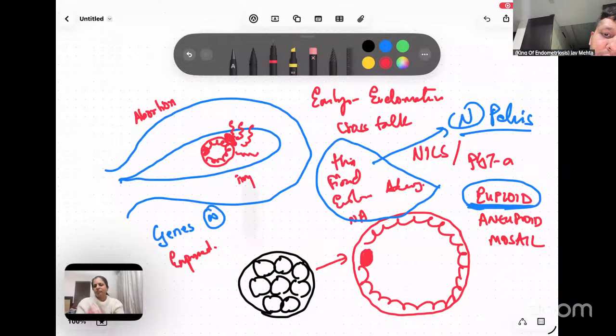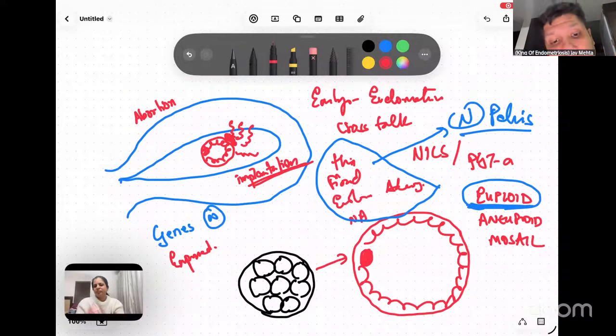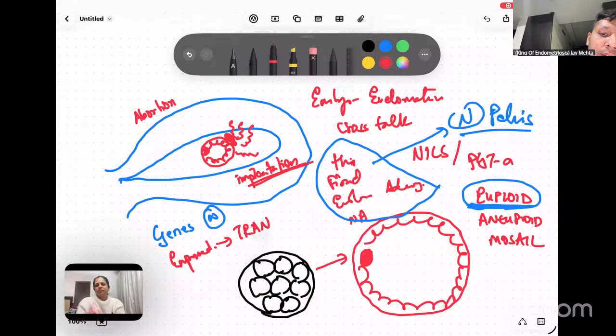Okay. All of this is what we know as implantation science. Correct? We do not exactly know at what time the embryo should express what genes. So if we want to study that, we need to add one more complication to our life, and that is called transcriptomics.